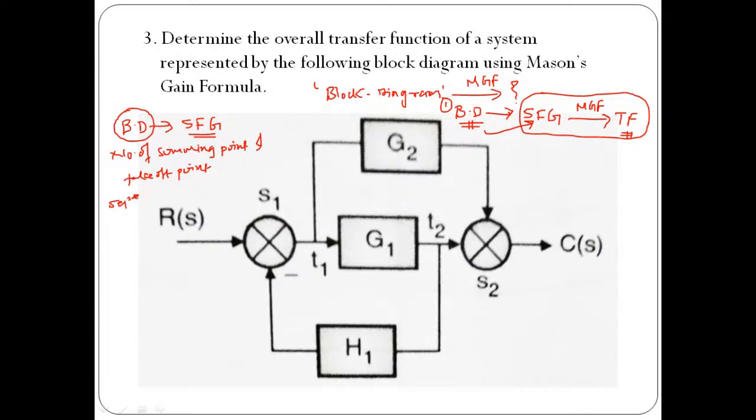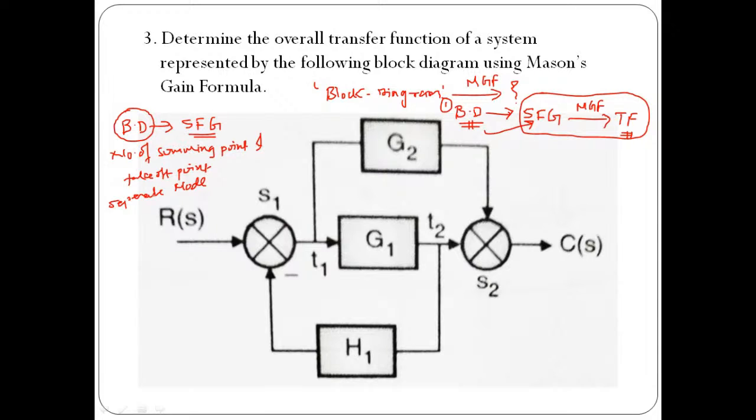That is important. Separate node. And then we need to maintain the flow of signal in the signal flow graph in the same way as mentioned in the corresponding block diagram. So this is the very simple topology that we need to implement in order to convert a block diagram into the corresponding signal flow graph.